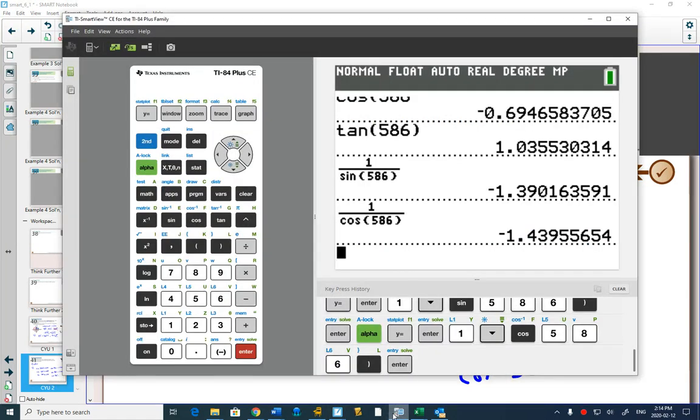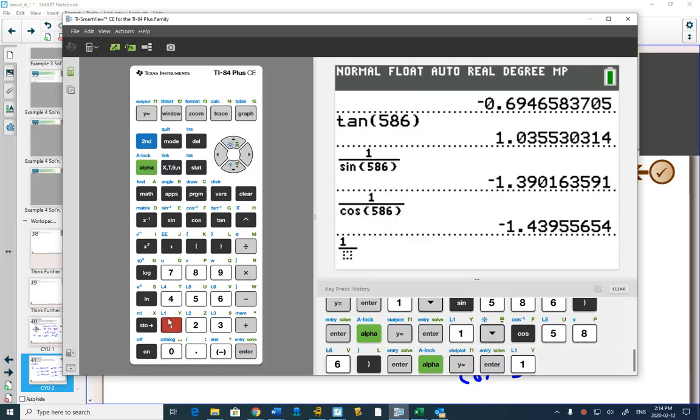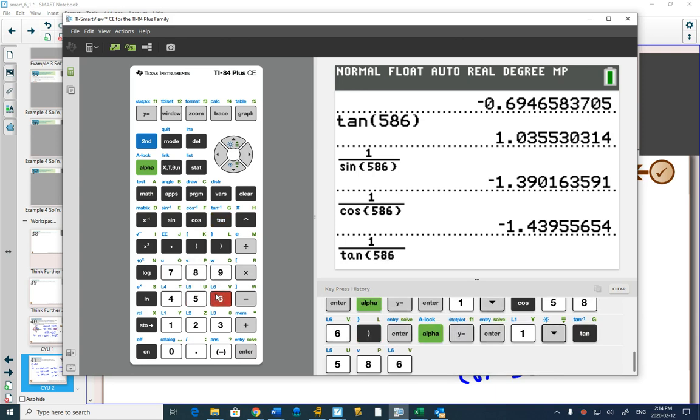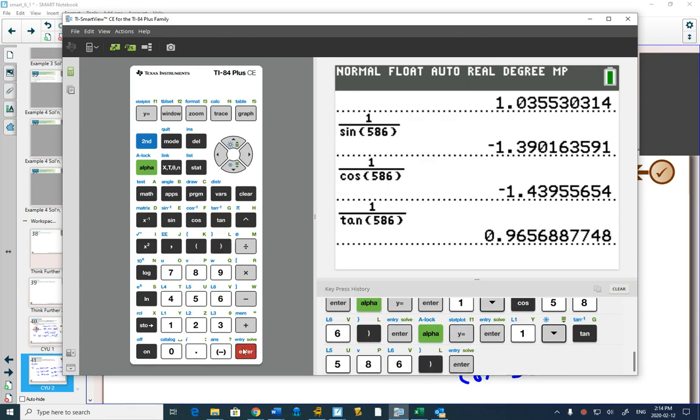Hey, that's a good practice rounding, right? And that 5 makes this a 0. You also have to change that to a 4. And then 1 over tan of 586, 0.966.